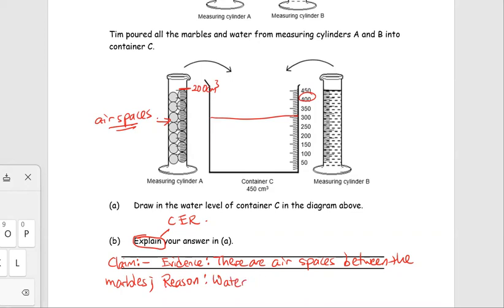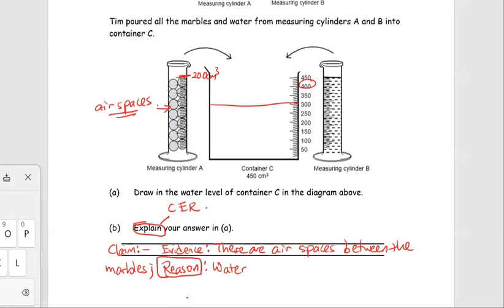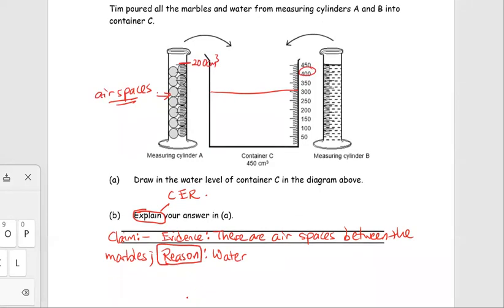So the reason here is always what concept is it testing us on? It is about one property of matter, in this case a property of water, and it is that water occupies space. So I'll write down: water will occupy the space in the air spaces between marbles.